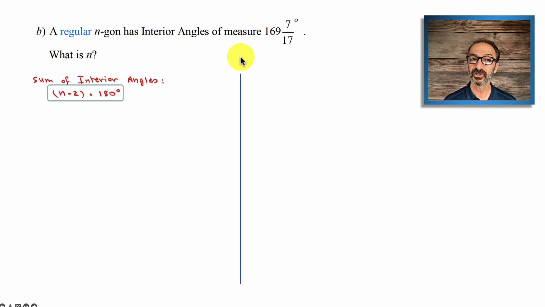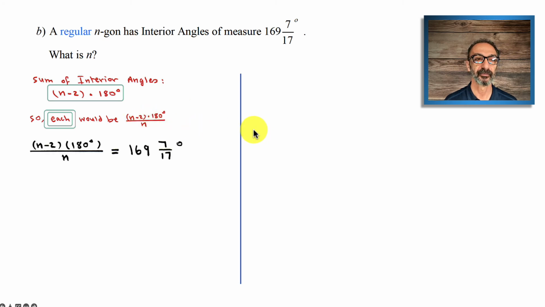So each will be the sum divided by how many interior angles we have, which comes from n. So each would be n minus 2 multiplied by 180, divided by n, is what they gave me. That's each interior angle. Let's do the cross multiply, thinking that this is like over 1 as a fraction.